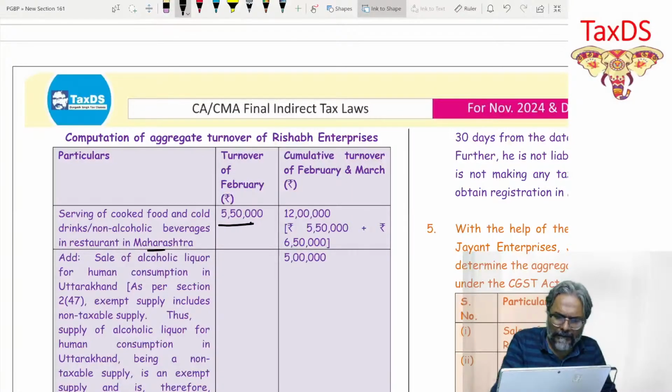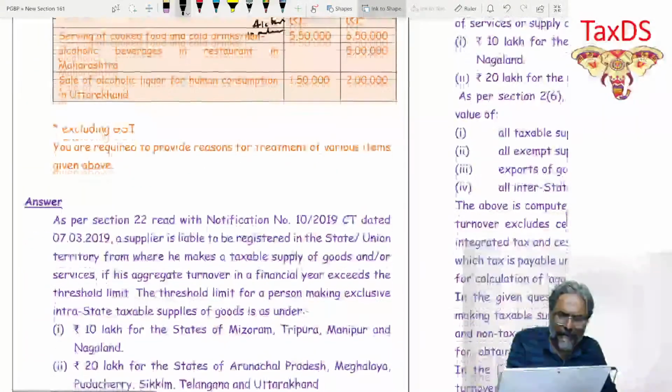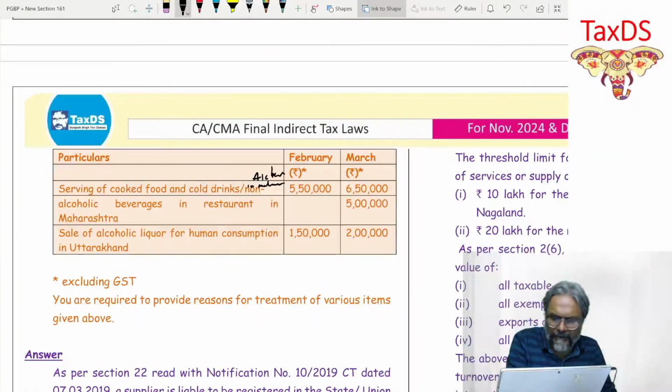Now say alcoholic liquor for human consumption is 5 lakhs, and they are doing it from Uttarakhand. Alcoholic beverage, students. This is the 5 lakhs part. Sale of alcoholic beverage, this is the 5 lakh part.